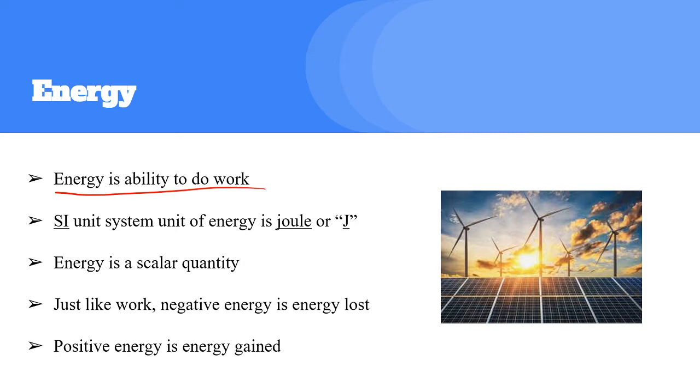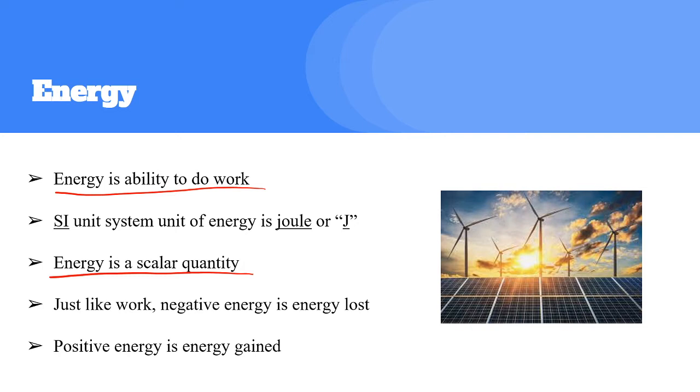And the SI unit for work is joule, and it's shown by capital J. And it's a scalar quantity. That means direction is not important. And energy is also a scalar quantity. However, we have positive and negative work and positive and negative energy.